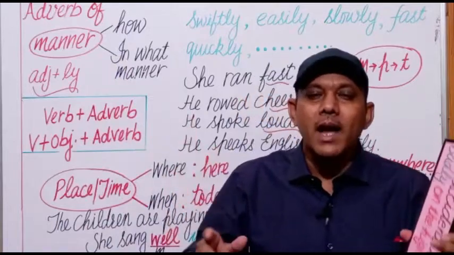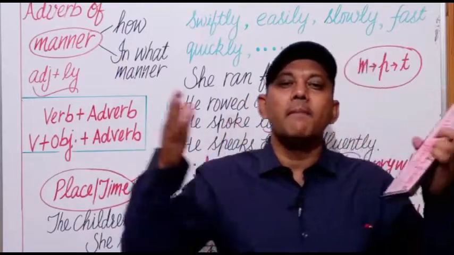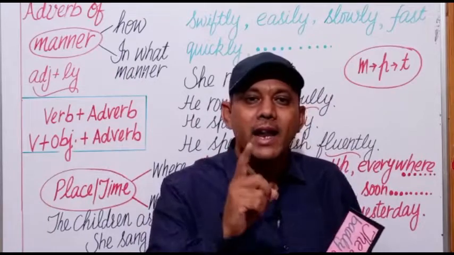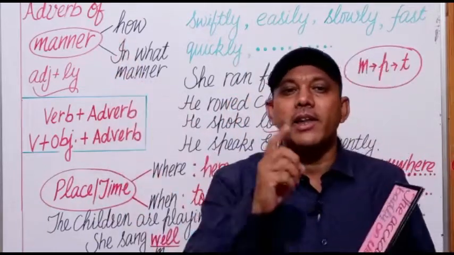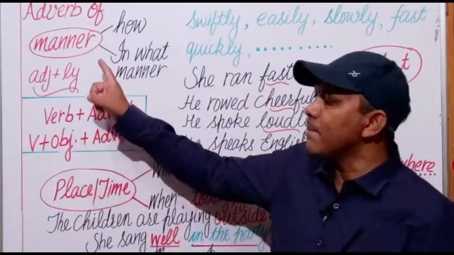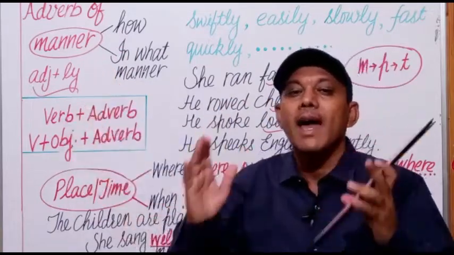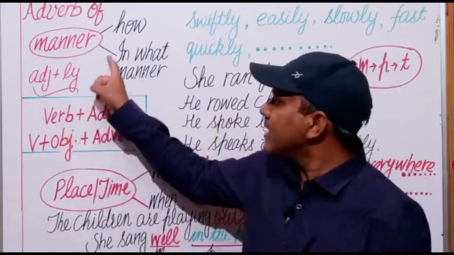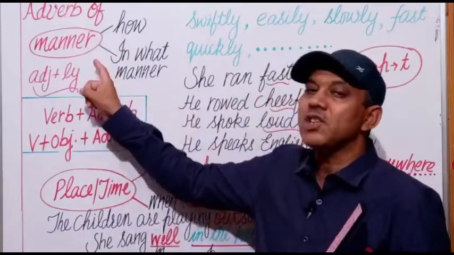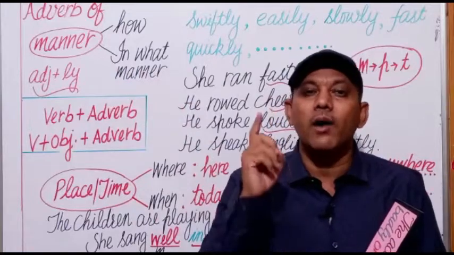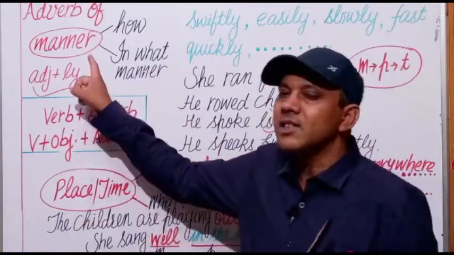Simple adverb can be divided in many types depending upon the usage of these adverbs in different sentences. For example, adverb of manner. As it is clear from the name of this adverb, what does it tell?